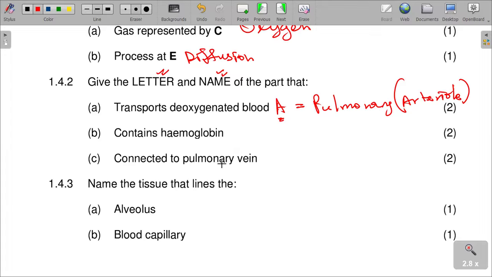And then the letter and the name of the part that contains hemoglobin. Hemoglobin is actually contained in the red blood cells, which are also called erythrocytes. So you need to look on the diagram to see which letter represents the red blood cell.